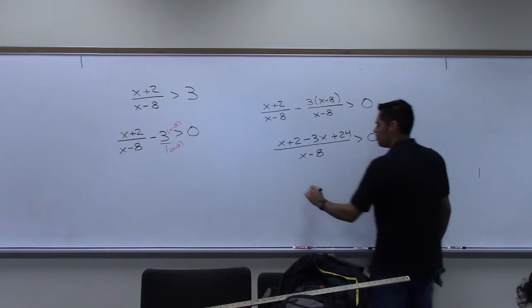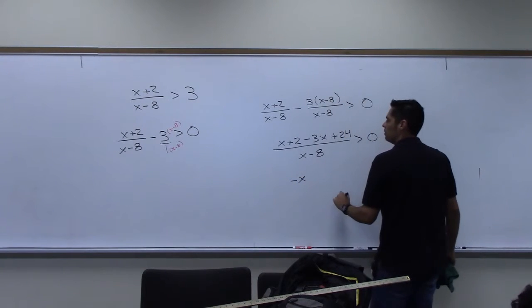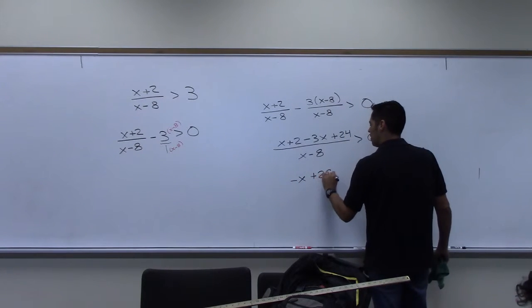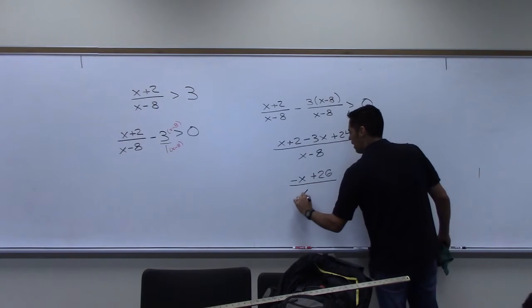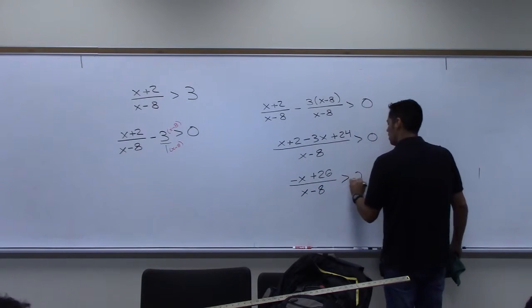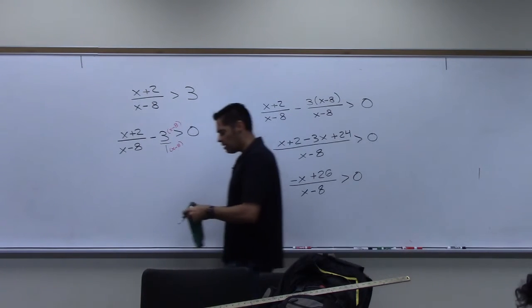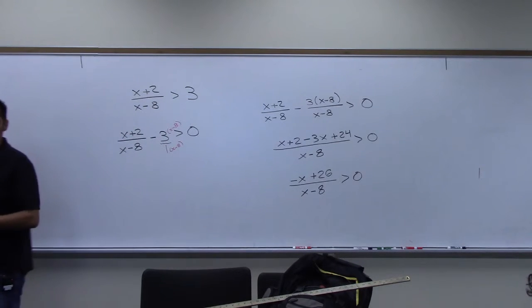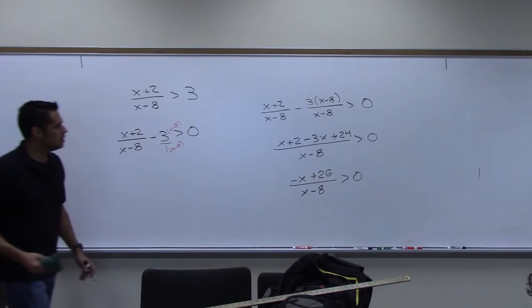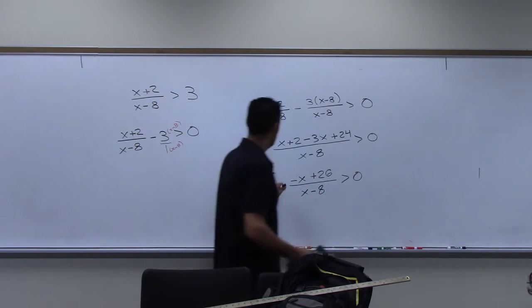And combine like terms, we get negative 2x plus 26 over x minus 8.